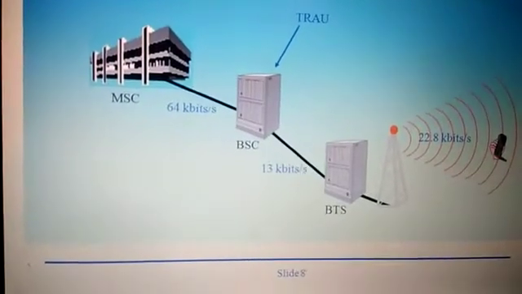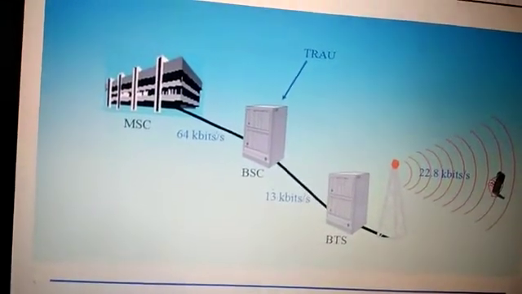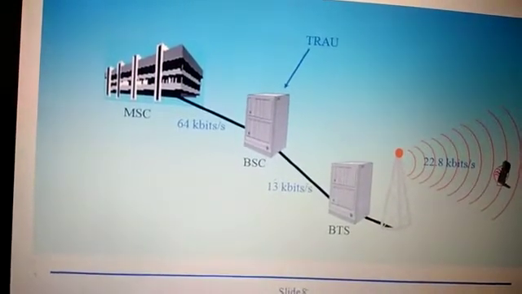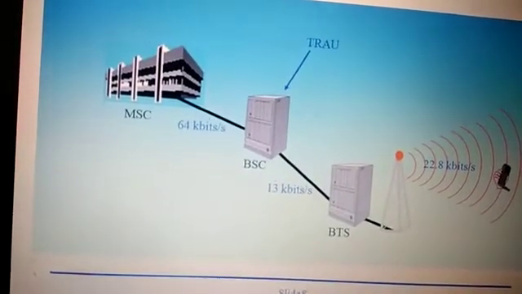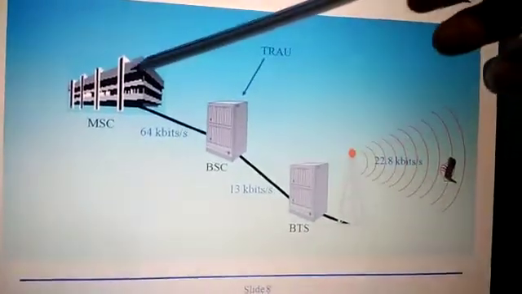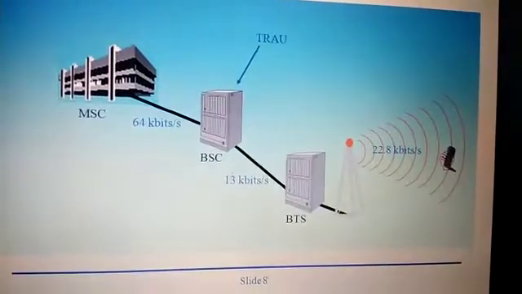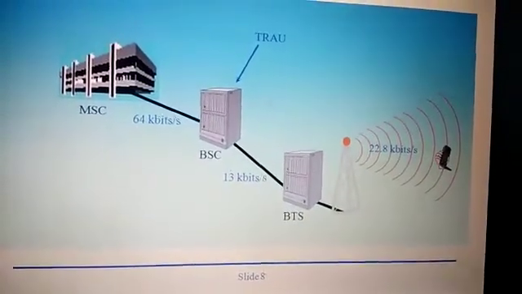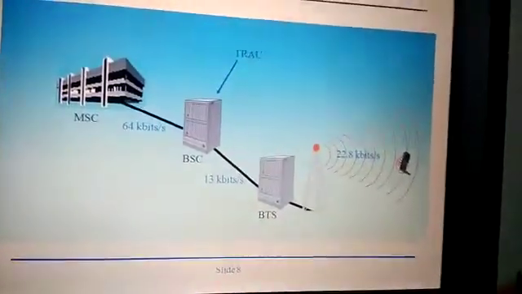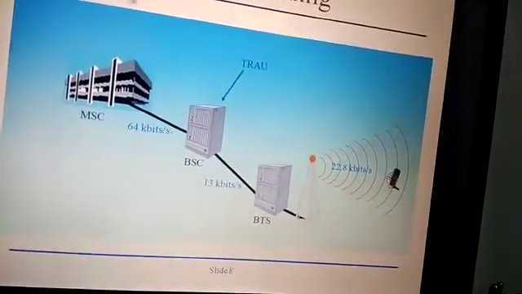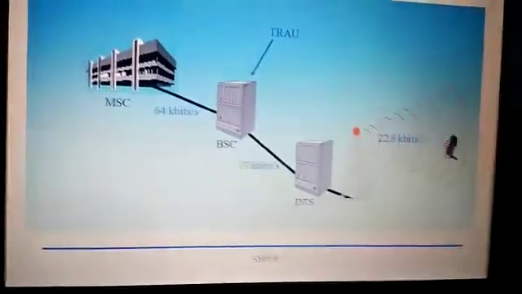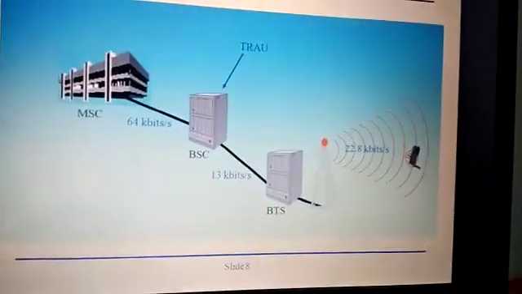TRAU is the data rate conversion unit. The PSTN and ISDN have a switch for 64 kilobits per second voice. So this is the complete speech coding technique used in our mobile network, and in the PSTN and ISDN.